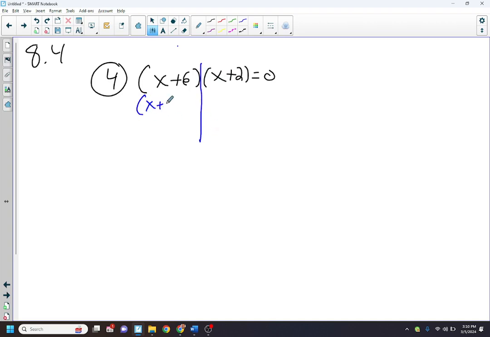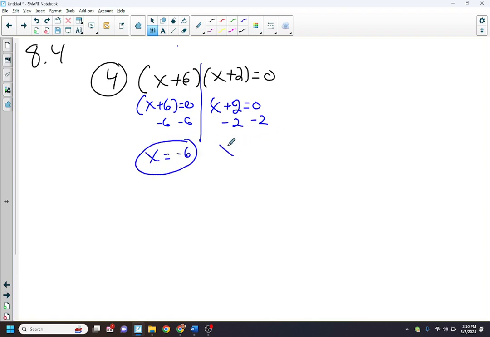So I'm going to write x plus 6 equals 0 and x plus 2 equals 0. After that, I'm going to subtract 6 on both sides and subtract 2 on both sides. I end up getting 2 answers, so make sure you circle both answers. x equals negative 6, x equals negative 2. Okay?